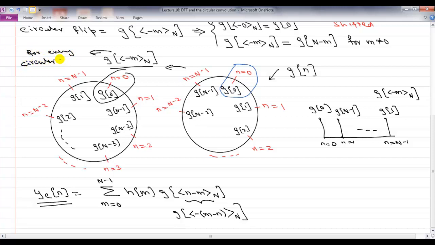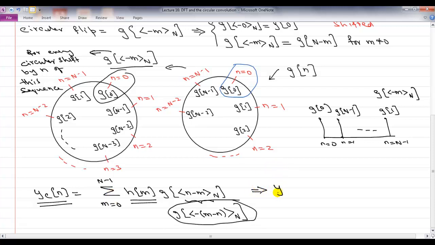So for every circular shift of the circularly flipped sequence g of minus m mod n, we shift it by n, circular shift, and then we multiply that sequence with h[m]. We add all the quantities from m equal to 0 to n minus 1. And if we do that, then we get back our sequence yc[n].